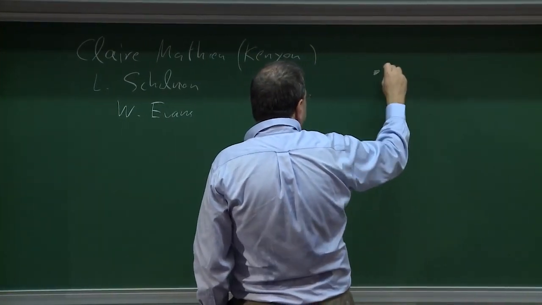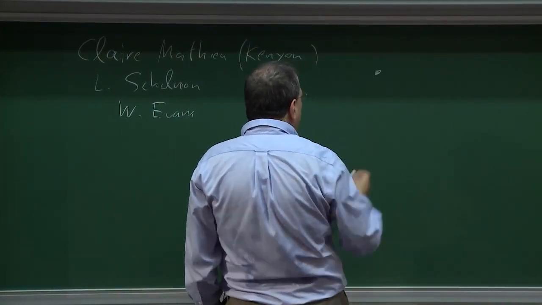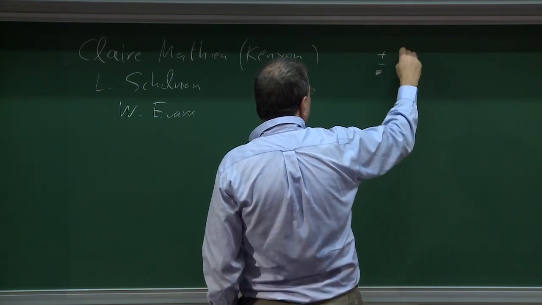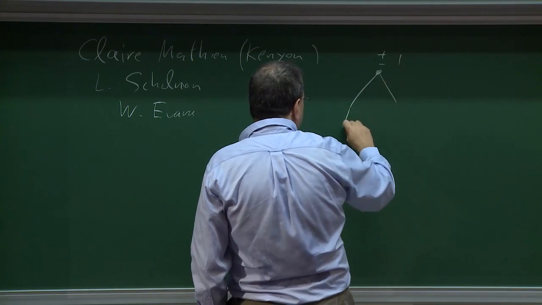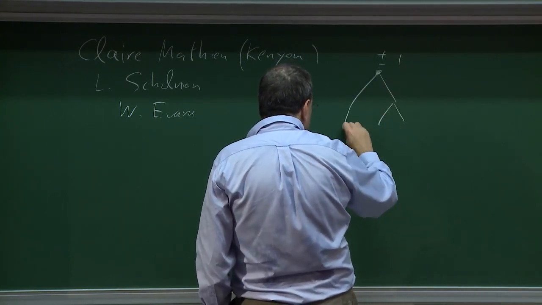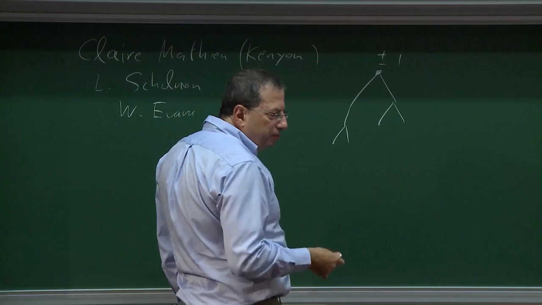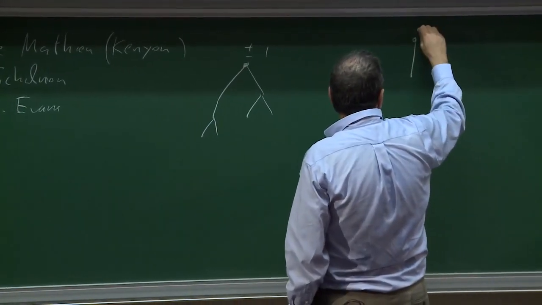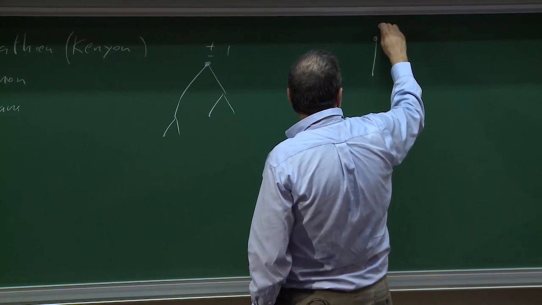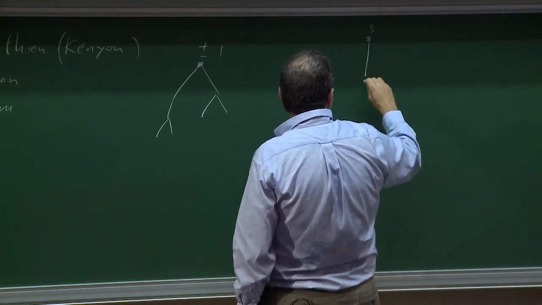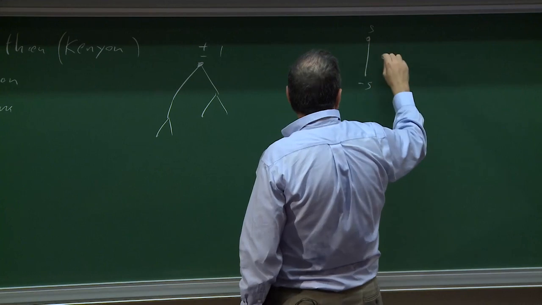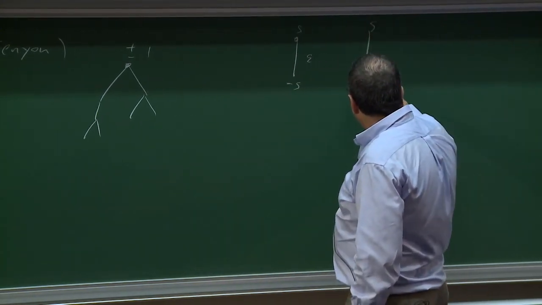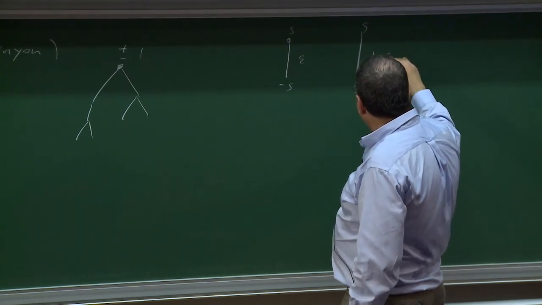So you have a bit. Let me put the bit to be a plus or minus 1. And we have a tree. And the bit can be flipped with probability epsilon. So if I have here some bit or some spin s, here I'm going to get minus s with probability epsilon, and I'm going to get s with probability 1 minus epsilon.